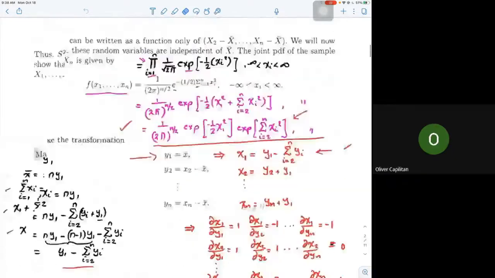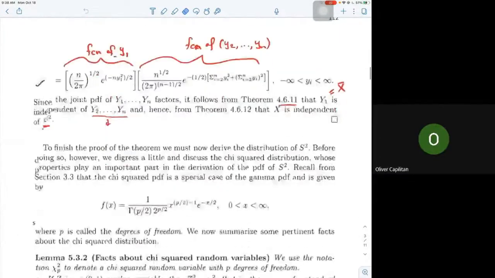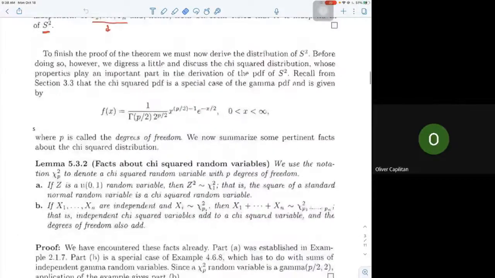Let us recall first that the chi-square distribution is a special case of a gamma PDF. Suppose x is a random variable having a gamma PDF with parameters alpha and beta.